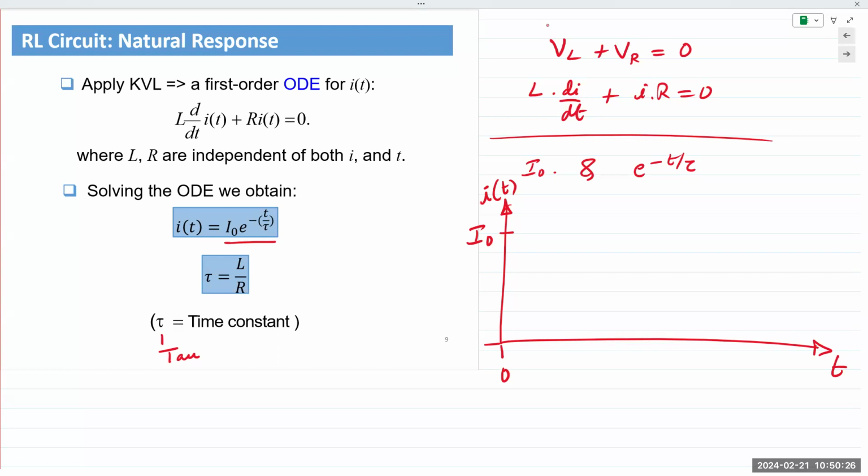So e raised to minus t over tau, t is the variable. If you plug in t, t could take any value, because this equation describes all values of t. But if you plug in t as one time constant, tau, if t equals 1 tau, you get e raised to minus 1, which comes out to be 0.6321.